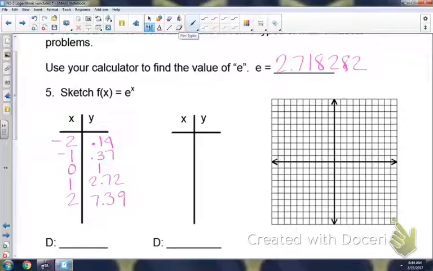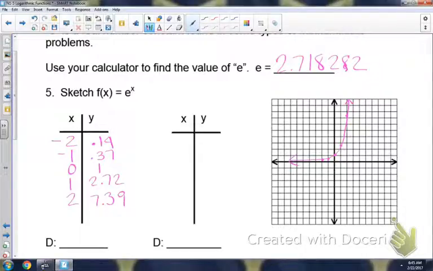So we have -2, 0.14, -1, 0.37, 0, 1, 1, 2.72, and 2, 7.39. So it just looks like all the other exponentials. Notice that it's increasing from left to right. That would be a growth because that e, remember, is 2.718.